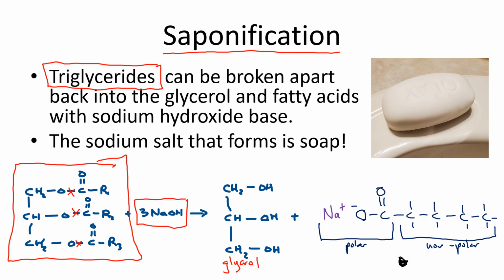So you get a blob of dirt, and then you throw in a bunch of these soap molecules. Well, all of the blue ends, the nonpolar sides, will stick to the oily dirt. And then all of the ionic or charged ends will be attracted to the water. And so if you get enough soap in there, this whole blob, dirt and all, will dissolve in the water and wash away.